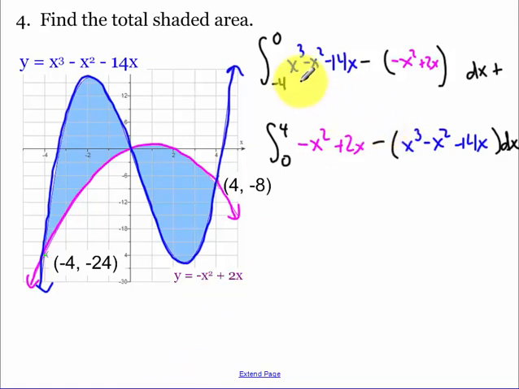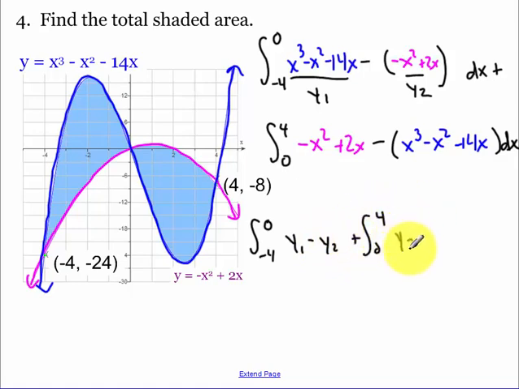What I recommend you do, put this expression in y1, put this expression in y2, so that in your calculator syntax, all you're doing is doing the integral of y1 minus y2, and add to that the integral of y2 minus y1, and that's going to make your life a lot easier. I did that in my calculator, and I got 128.